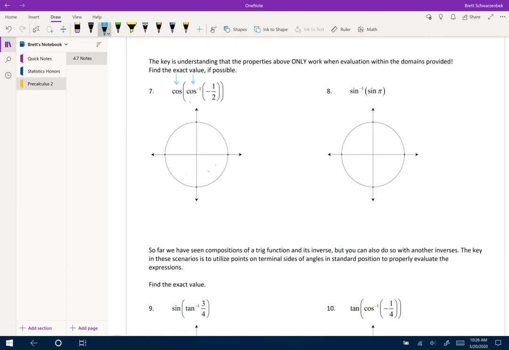So for example, if we want to find the cosine inverse of negative 1/2, we're looking for when cosine of theta is equal to negative 1/2 on 0 to pi. Okay, so what are we doing? We are eliminating these two quadrants, and we are only in these two up here.